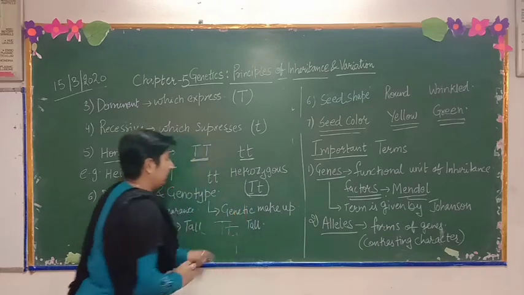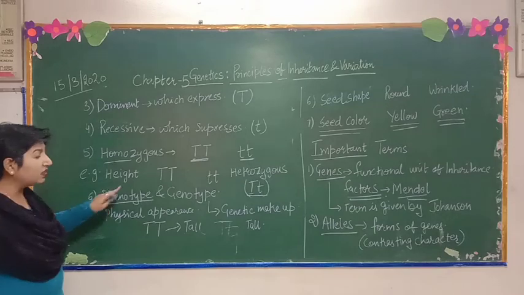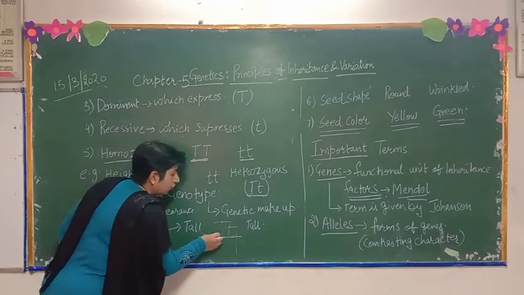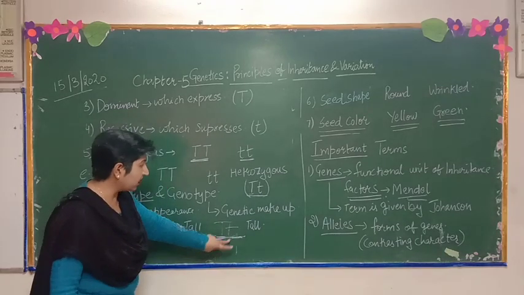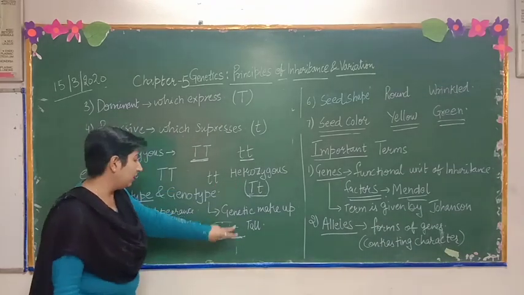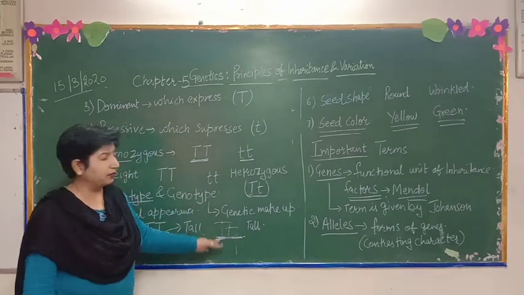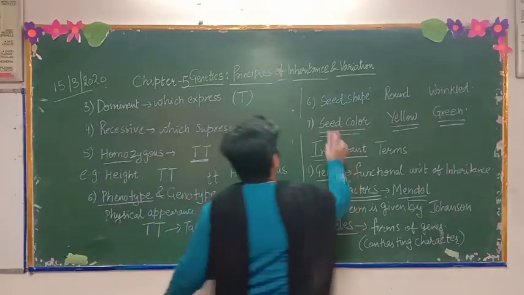But under tall, this is called phenotype. Genetically, if we look, this has two different genes, one capital and one small, which is heterozygous in nature, which shows that genetically the genotype is different, which I'll explain with the help of a cross.